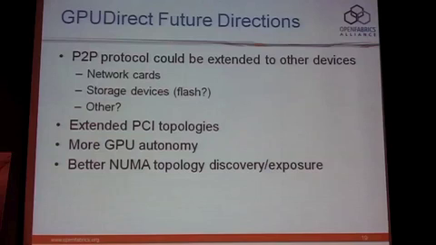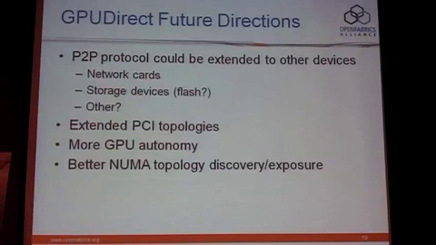So you could envision with an appropriate IB card, you'd be able to do a direct P2P from GPU memory directly as a DMA write into the IB card, and presumably affecting an RDMA transfer out to another host. Same for storage. There are multiple flash vendors that we're in discussion with that have PCI resident flash solutions that are interested in the same technology. Can they bypass host memory and go directly to and from the GPU without requiring any intervention by the CPU?